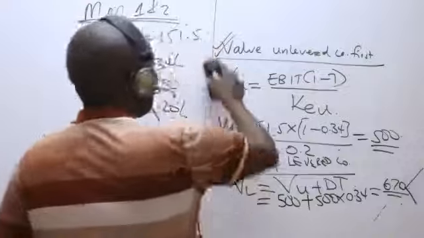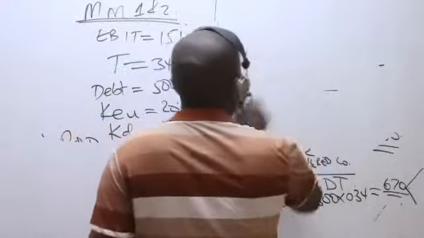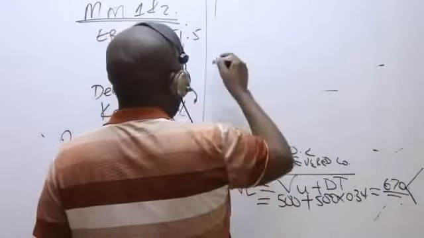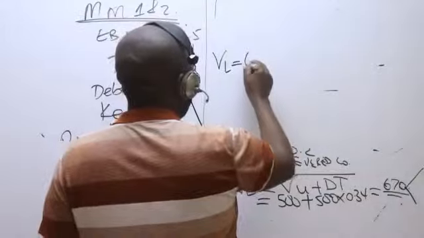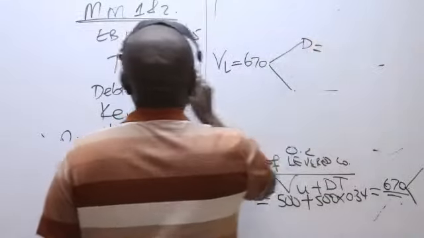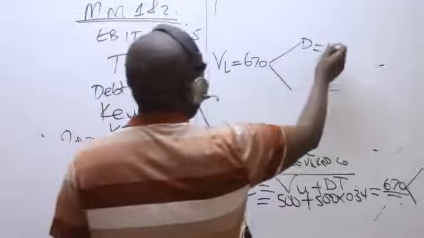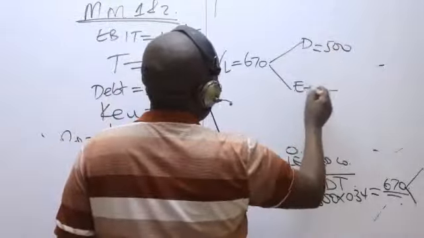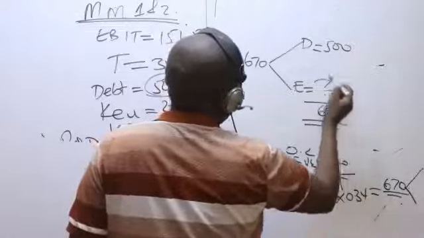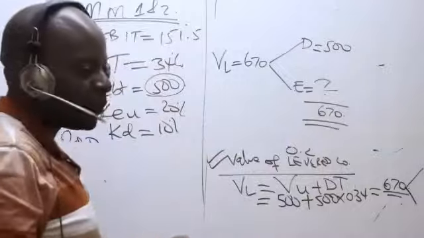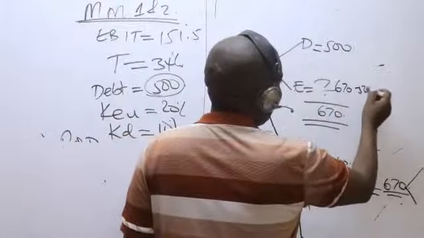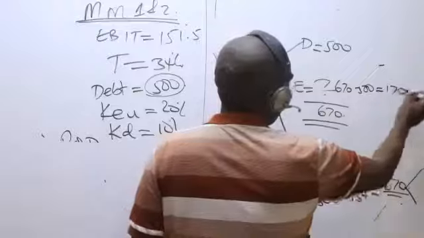So we have here value of levered equals 670. Debt in this question has been given as 500. So what will be the value of equity, given that the two must add up to 670? Equity will be 670 minus 500, which gives us 170.